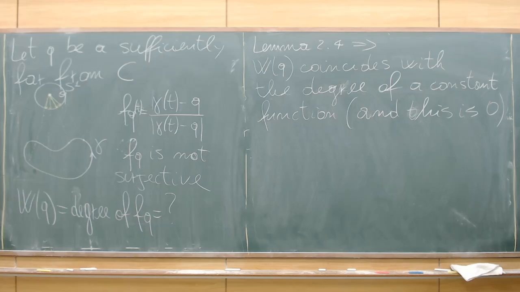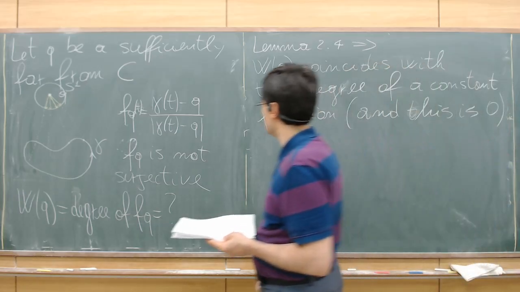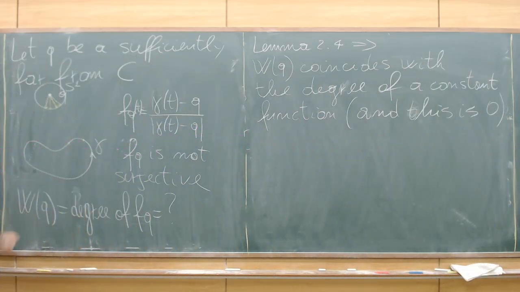Now we have to prove that the function W can take a different value, for example 1.